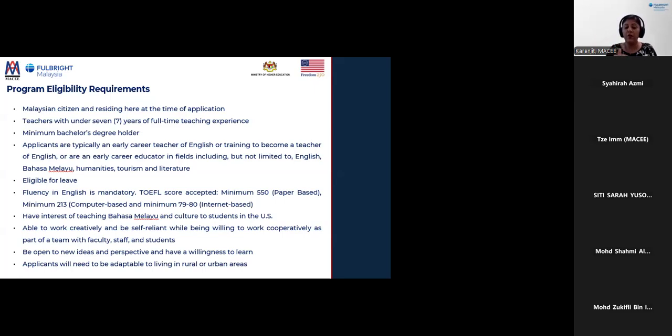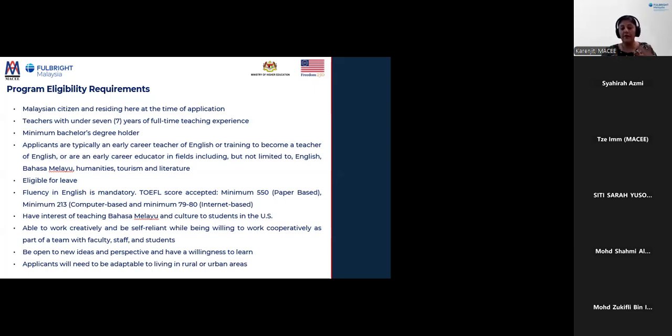Now, individuals who are not eligible are, as I mentioned, anyone who is currently working or studying anywhere outside Malaysia. Okay, I know probably this does not apply so much to Malaysians, but individuals who hold dual citizenship or even permanent residence of the US will not be able to apply for this program.